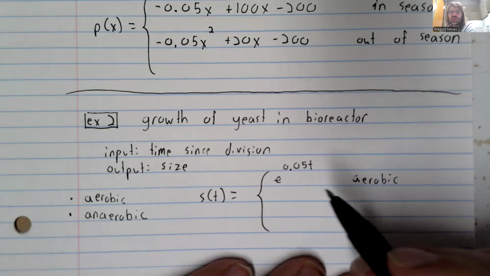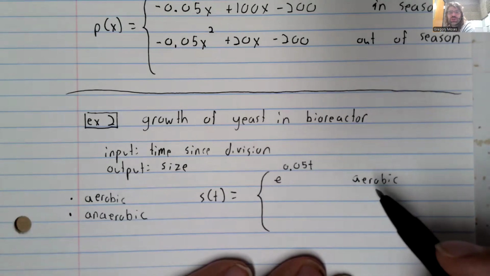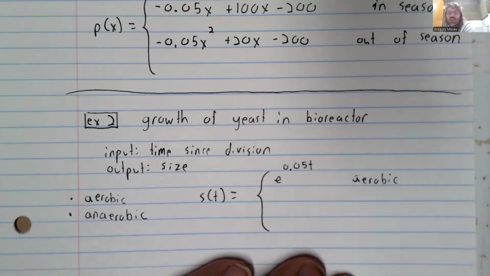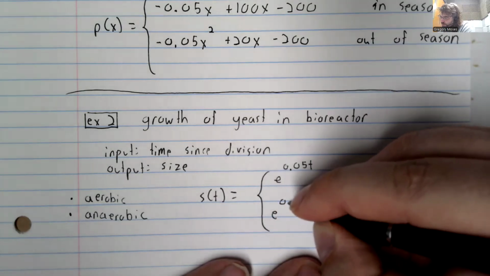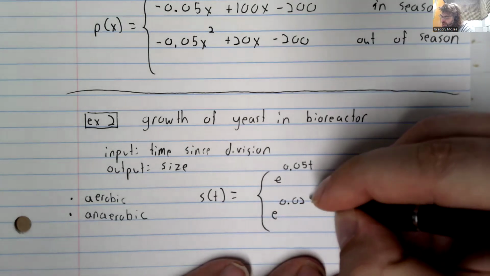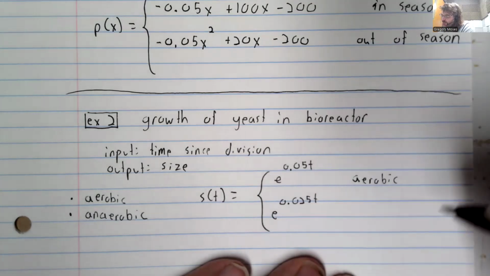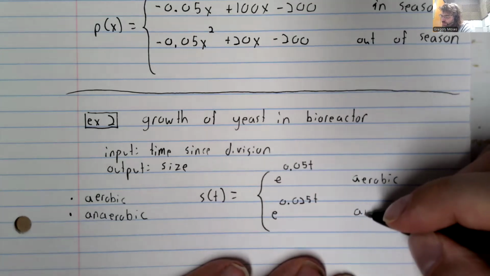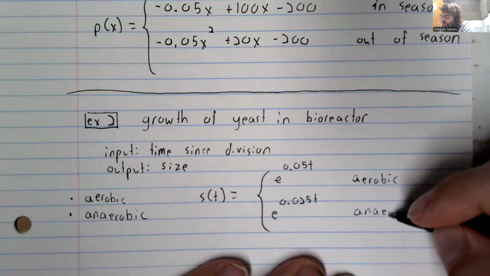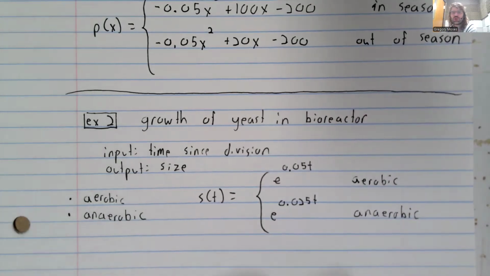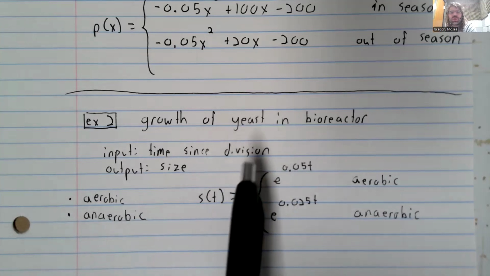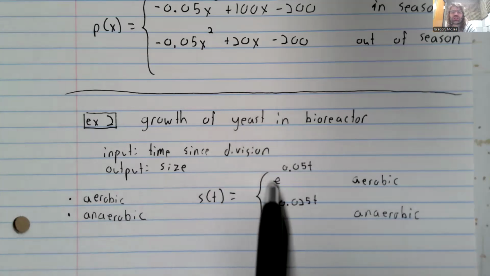You need one function if you're in an aerobic environment, and you need a different function if you're in an anaerobic environment. So again, a piecewise defined function.